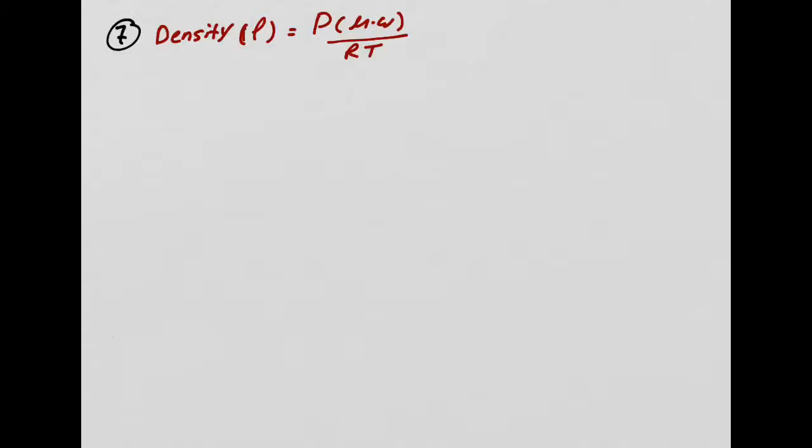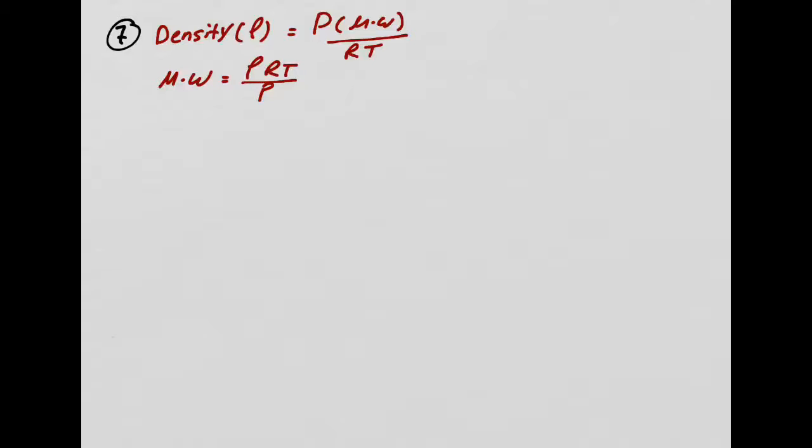Perfect. Now, I also said that if you look at the density equation, it has a molecular weight component, right? So it's also good to know that we could use density to figure out molecular weight. Molecular weight is going to be equal to density times RT over pressure.